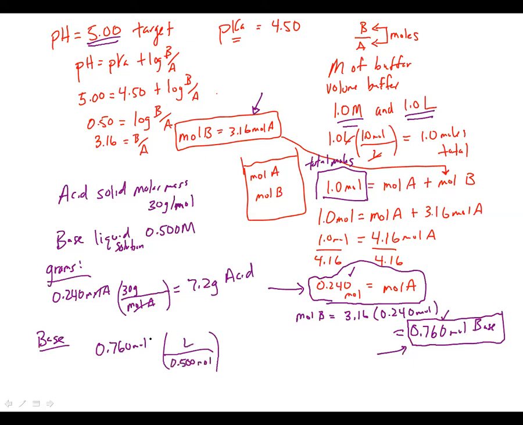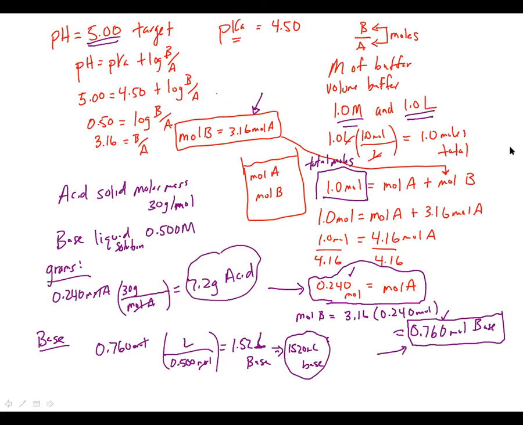The moles would cancel, and that would give us 1.52 liters that we would technically have to measure out for our base. Or again, that would be something like 1,520 milliliters in this really bad made-up example, right? 1,520 milliliters of our base. And these would give you actual numbers that you could physically go and weigh out.